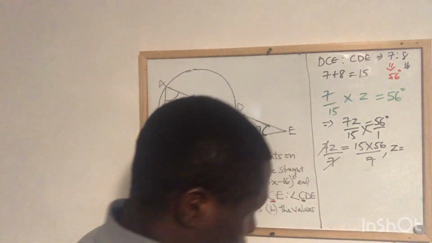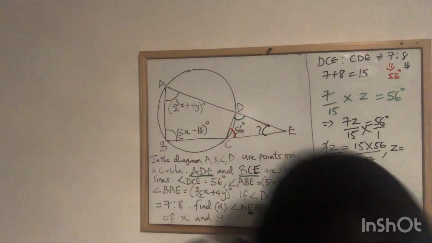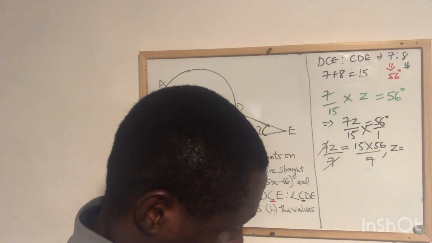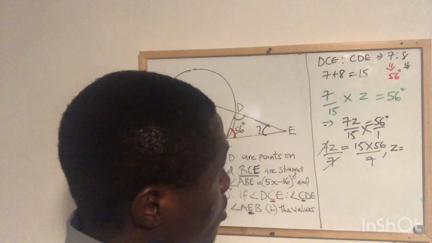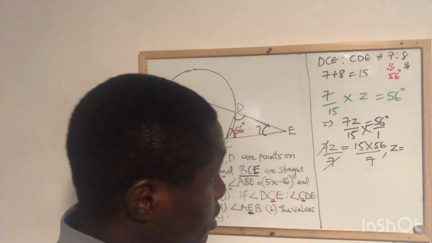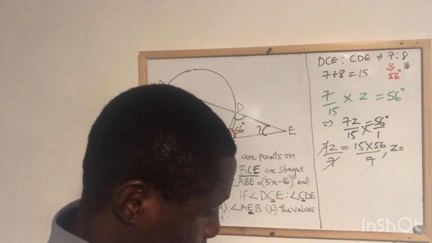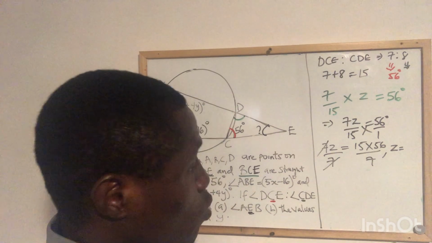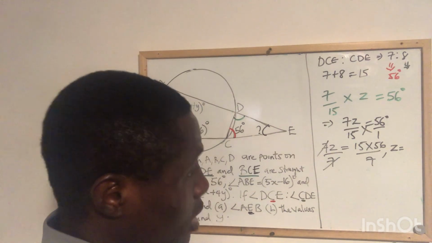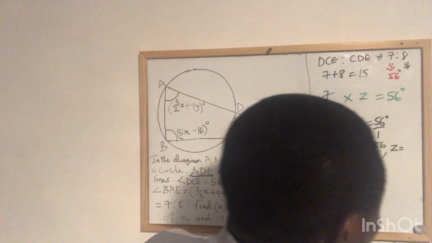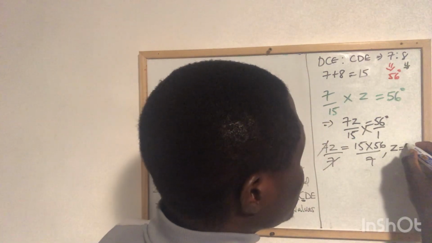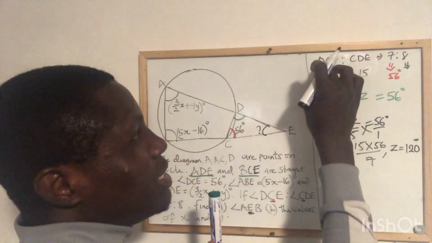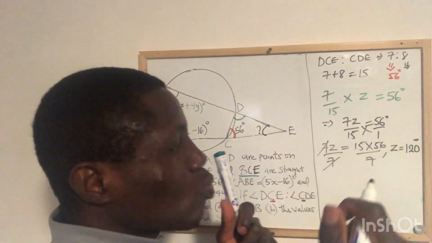Let me quickly press my calculator. 15 times 56 divided by 7 is 120 degrees. So our total angle is 120 degrees. Please note that Z, the sum of DCE and CDE, is 120 degrees.